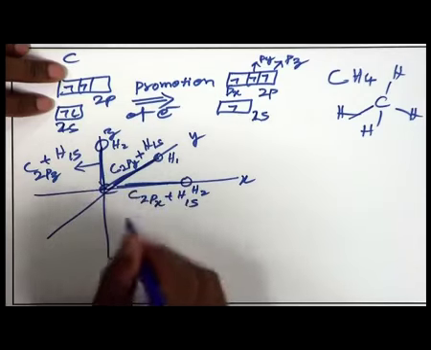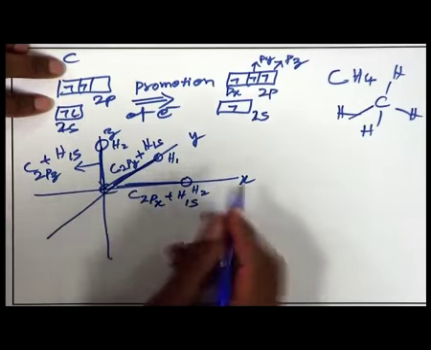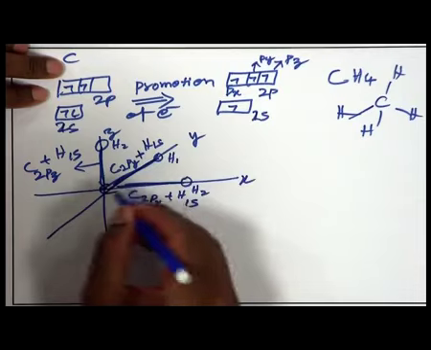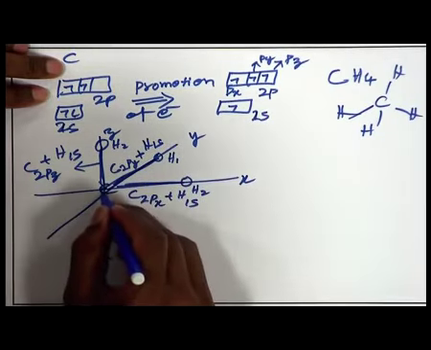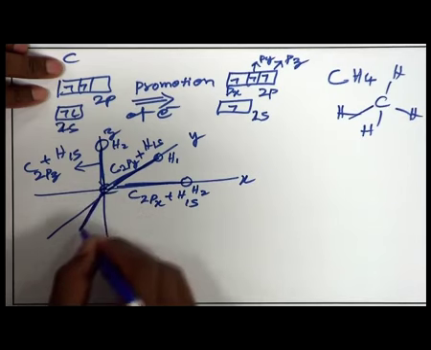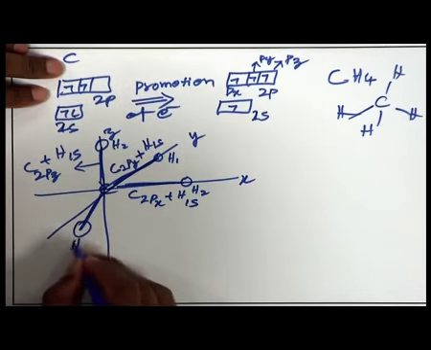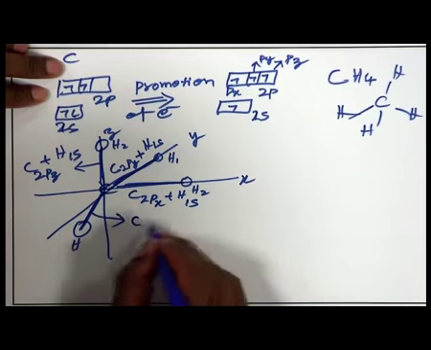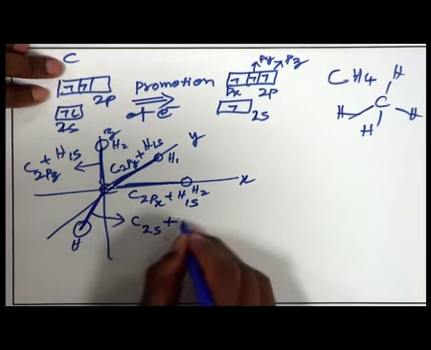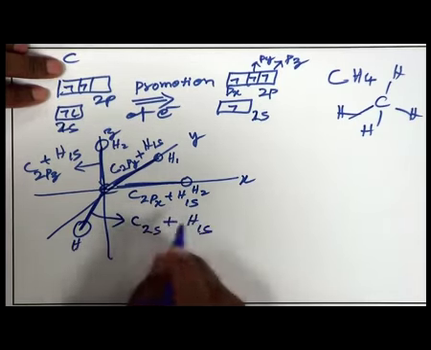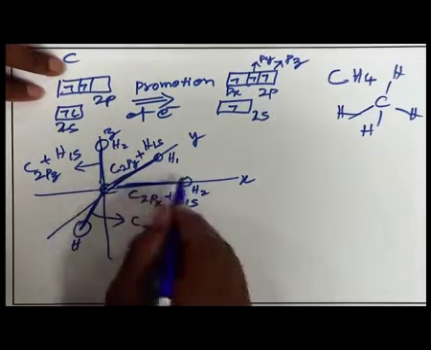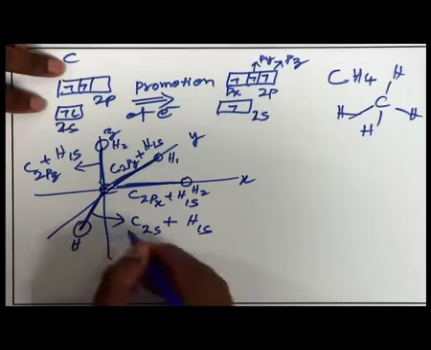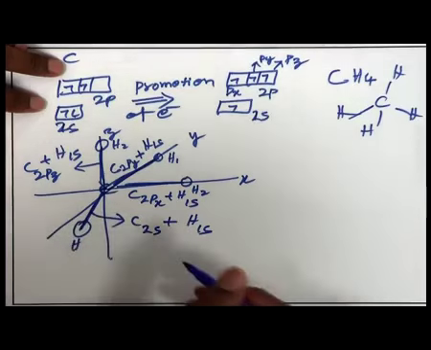So, 3 bonds are formed. The fourth bond could form using the 2s orbital present on the carbon atom, which would be here. This is a hydrogen atom, so this is the carbon 2s orbital combining with the hydrogen 1s orbital. So, 3 bonds are formed using 3 p orbitals, and another bond is formed using the carbon 2s orbital.